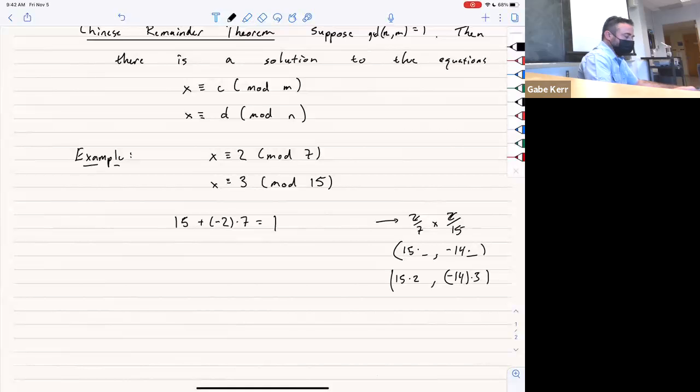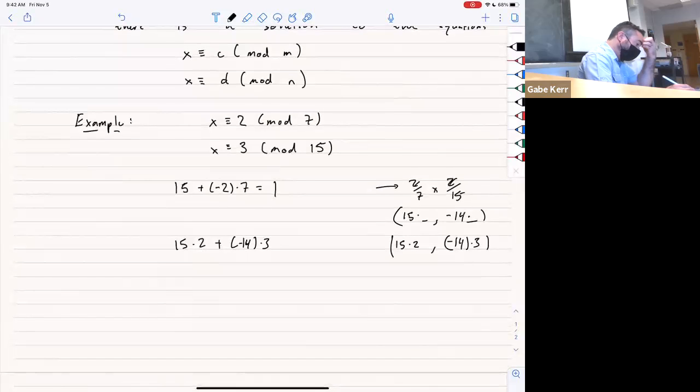So what's going to get sent to that? Well, what's going to get sent to that is the element 15 times 2 plus negative 14 times 3, which is 30 minus 42. All right, so 30 minus 42 is negative 12.